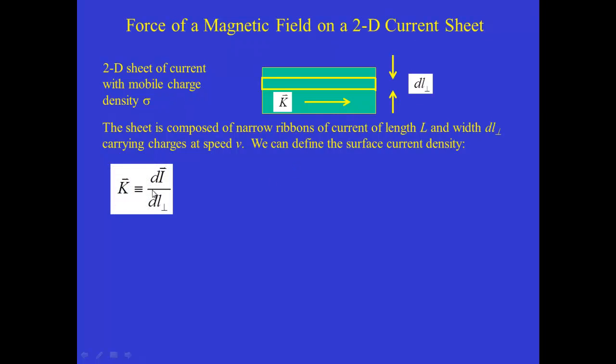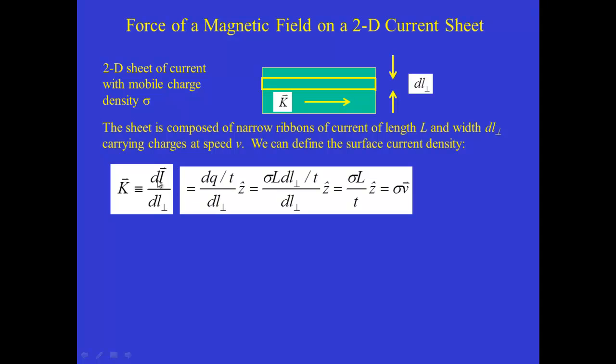So K is defined as the derivative of the current with respect to the perpendicular direction. So it's the current per distance perpendicular to the flow. And that's indicated here. The dl perpendicular is measured perpendicular to the current flow.